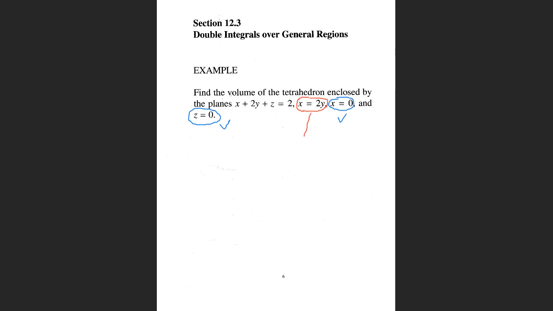All right. Now this plane here, x equals 2y. If x equals 2y, that's equivalent to y equals x over 2 as well. Is this plane y equals x over 2 a horizontal plane or a vertical plane? If you had to choose.